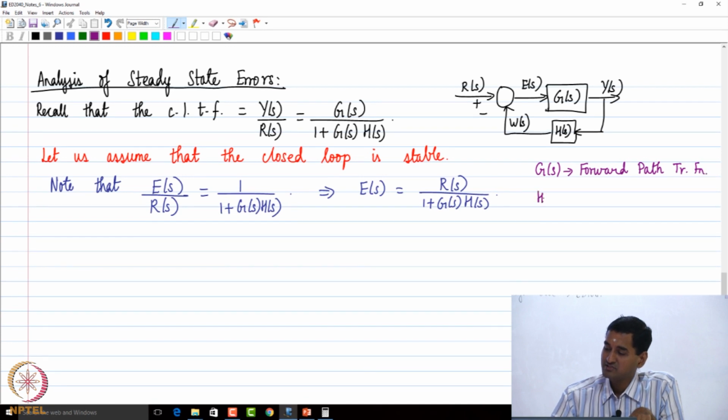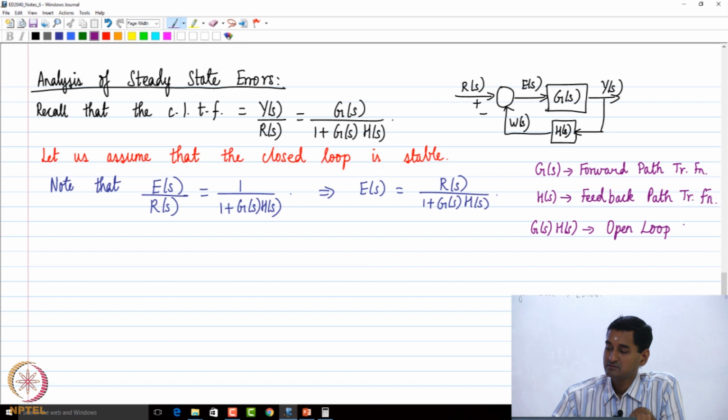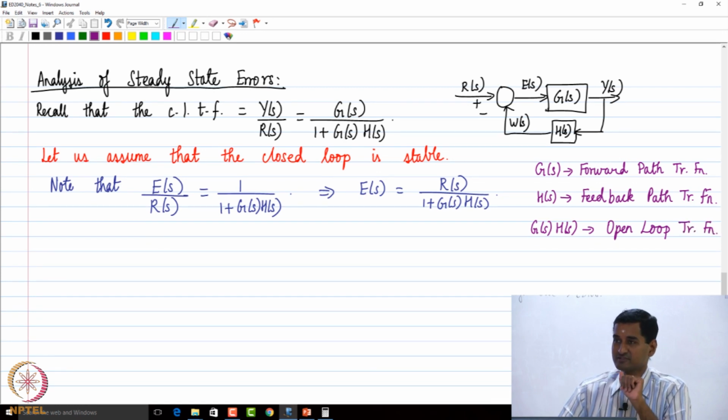H of S is what is called the feedback path transfer function. So, G of S times H of S is what is called the open loop transfer function. Please remember these terms.